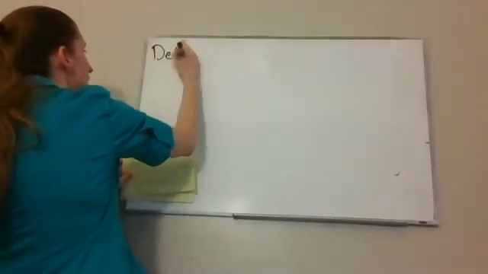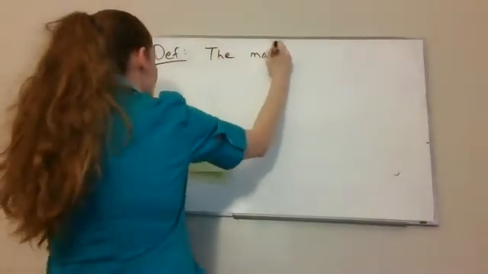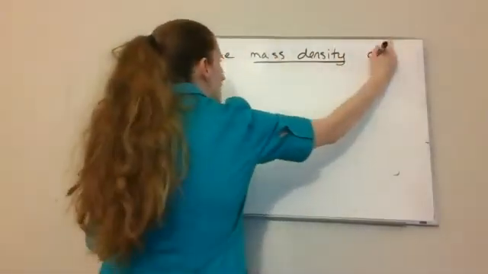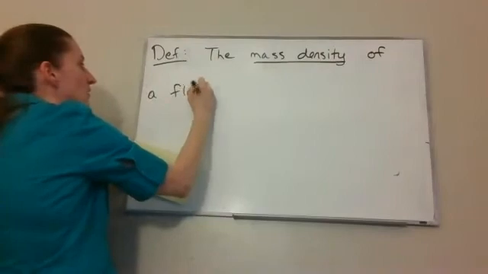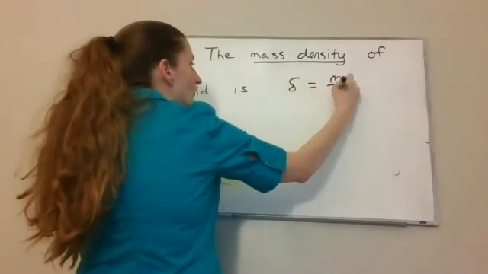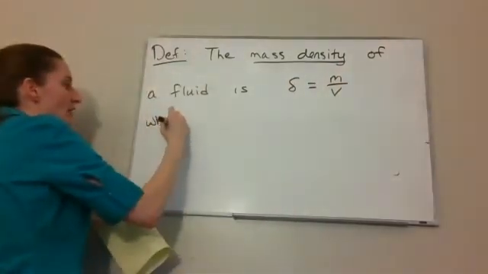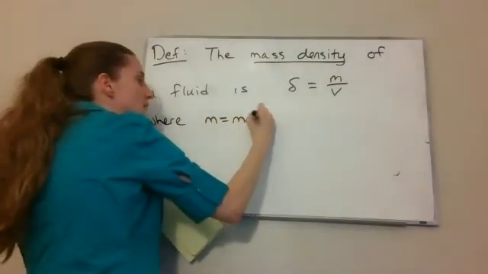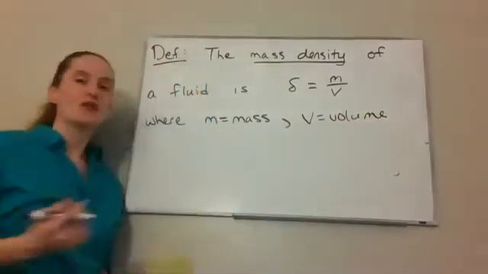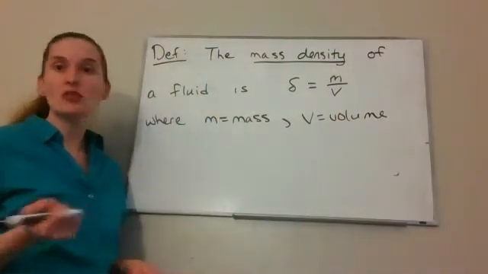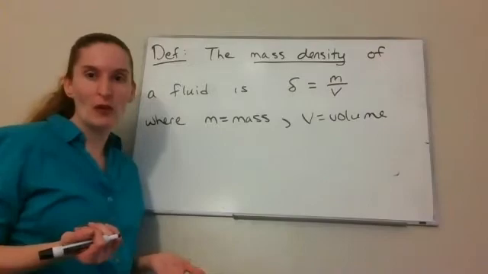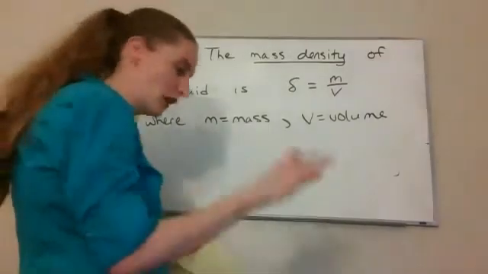So the definition: the mass density of a fluid is defined as delta equals m over v, where m is your mass and v equals the volume of your fluid. For this particular video, we're only talking about homogeneous fluids, and that just means that the density is the same for the same volume of the same type of fluid. So it's all nice and uniform.